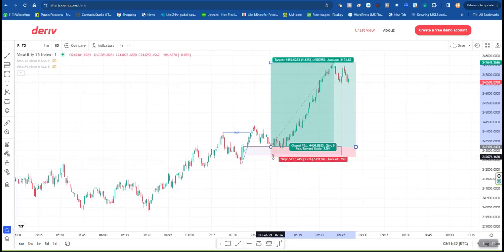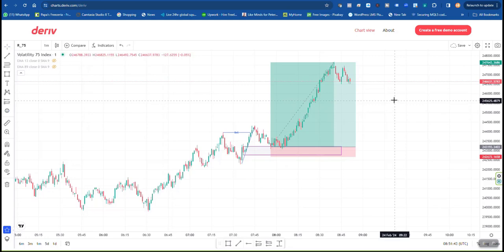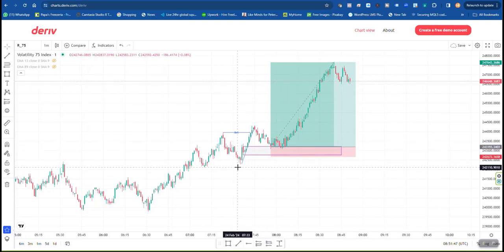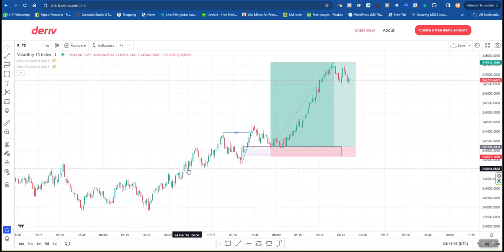Yeah, it was actually from here. Yeah, 5 to 1 from there. So that was a clean trade actually. I didn't expect it to happen that quickly, but it did happen that quickly. This would have been a nice entry, but I hadn't looked at this at the time.